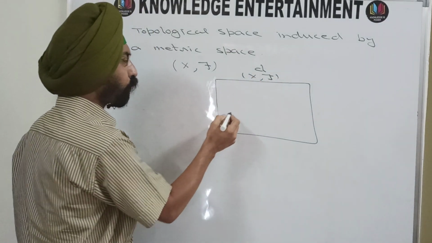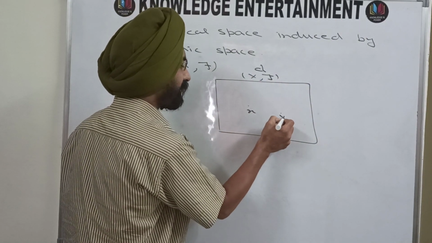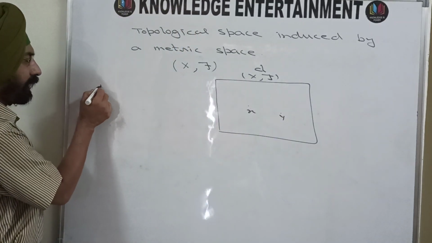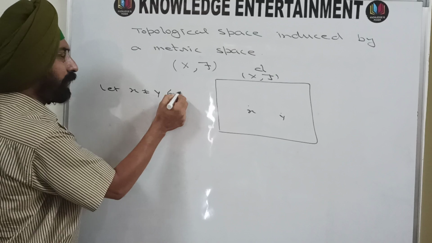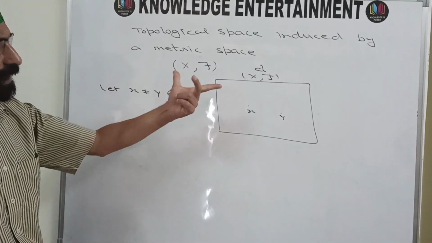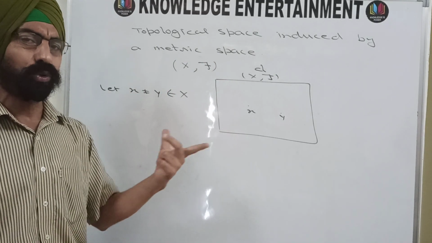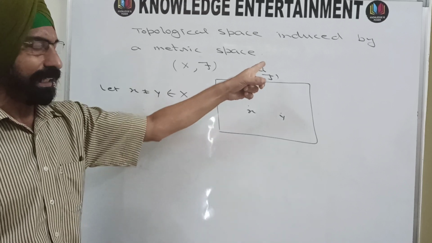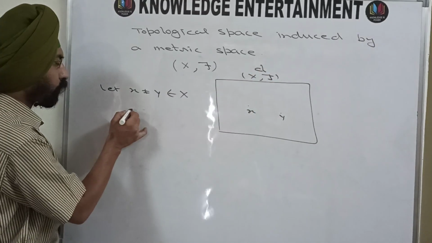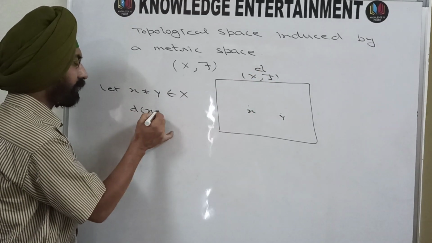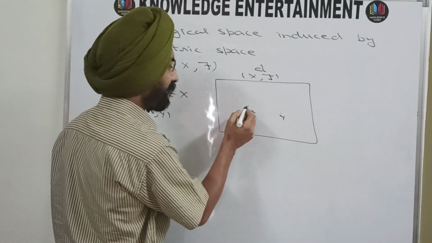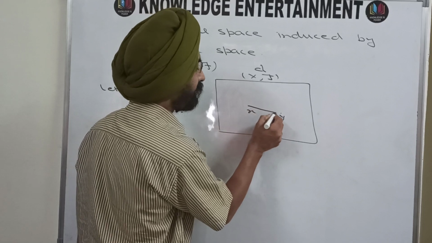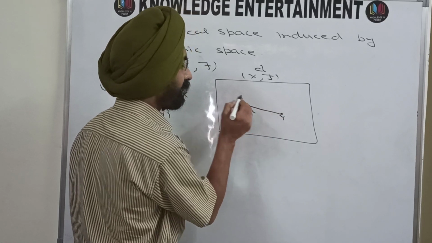You take any two points X and Y, distinct points. So let X and Y be two distinct points from X. Since it is the topological space induced by the metric D, we can talk of dxy. And in the usual sense you can say dxy is the distance between the points x and y.